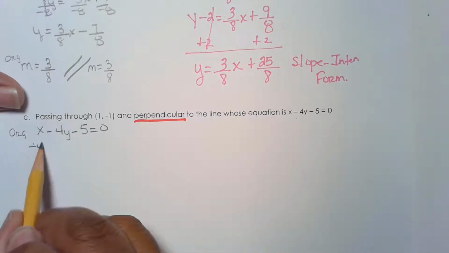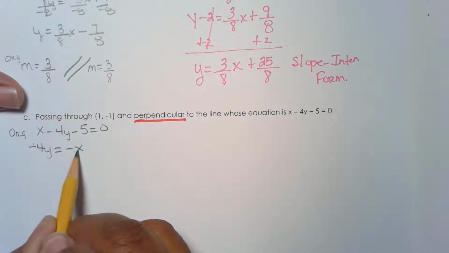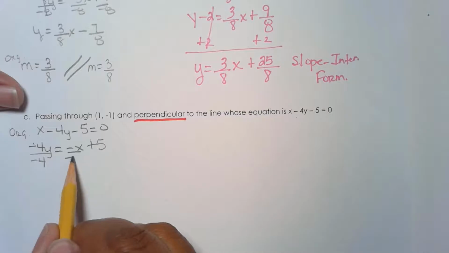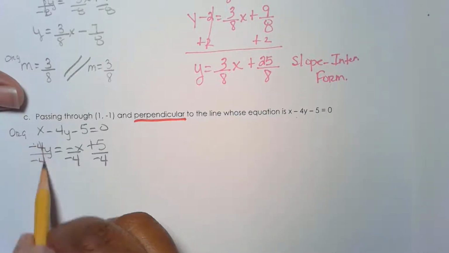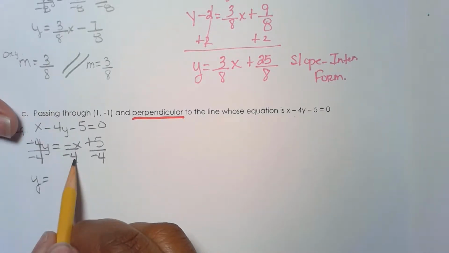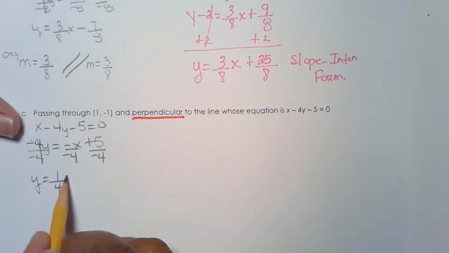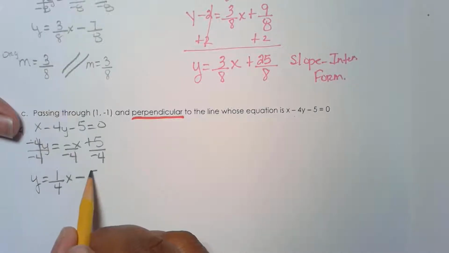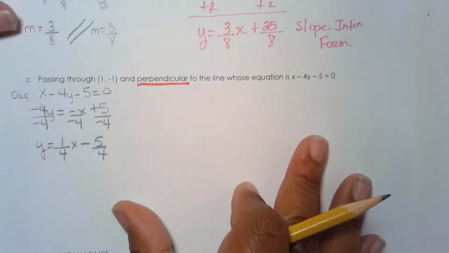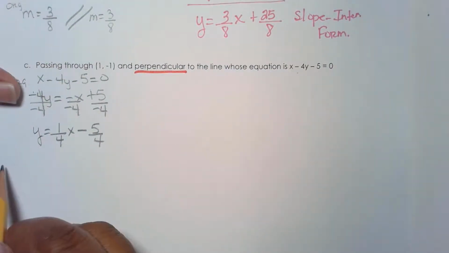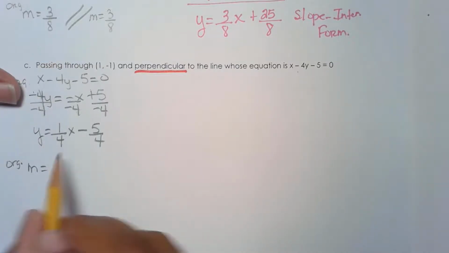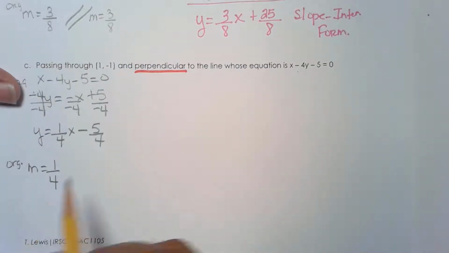So we have negative 4y equals negative x plus 5. Then let's divide by negative 4. And we have y is equal to negative 1x over negative 4, that will be positive 1/4 x, then minus 5 over 4. Therefore, the slope of the original equation is 1/4.